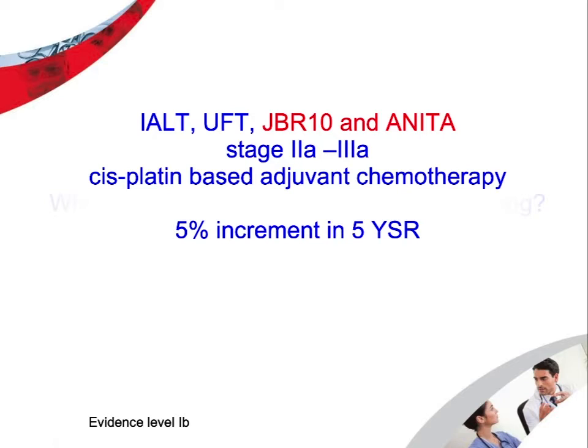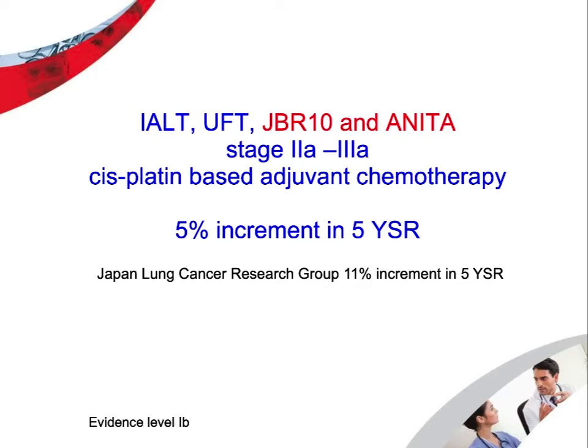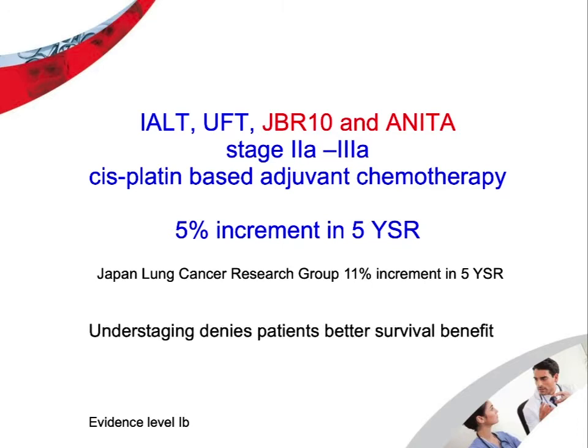Now you might think that 5% is not much, but if you look at the Japanese series, this figure rises to 11%. Perhaps the truth is somewhere in the middle between the two figures, around 8% or so, and that is significant. So, by denying your patients the systematic nodal dissections, you are robbing them of the incremental chance of survival, simply by improper staging of the mediastinum.